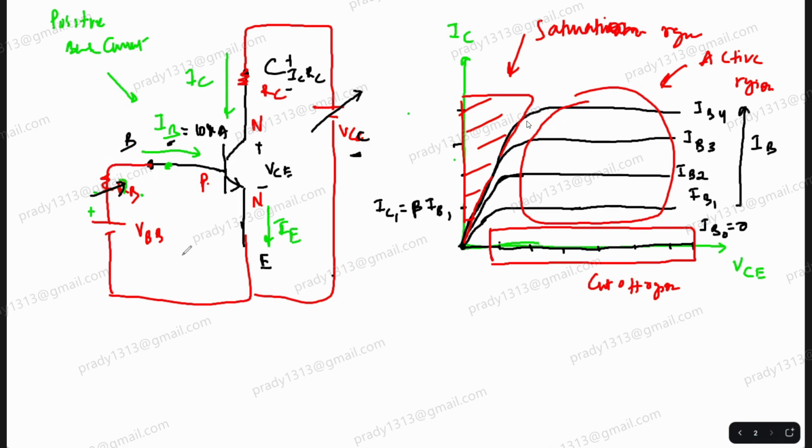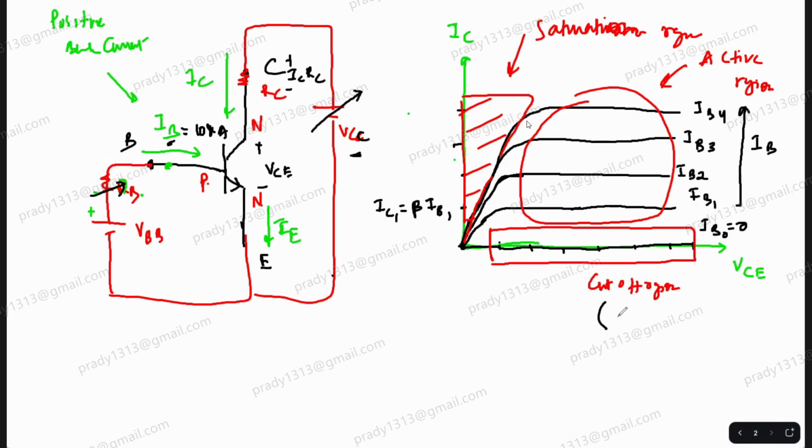Now BJT के applications हैं, ठीक है? 3 नहीं, मेजरली 2 applications हैं, एक amplifier and एक oscillator, but it can also act as a switch. So if you want to operate the BJT as a switch, you toggle the BJT in these 2 regions: cutoff and saturation.